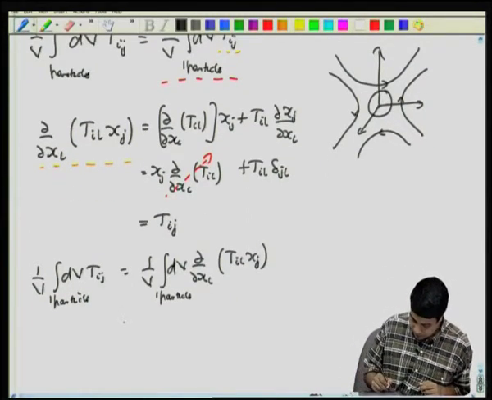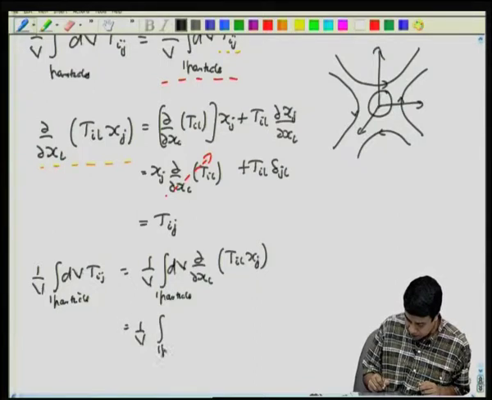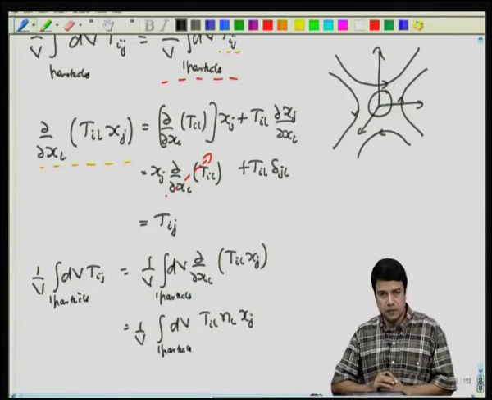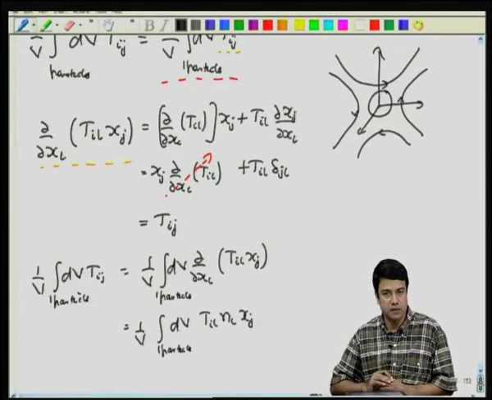So, this is equal to 1 over V integral over 1 particle dS T_iL n_L times x_j, the unit normal, because I had a divergence with respect to the index L, therefore, I have to substitute the unit normal also with index L. So, this is an integral over 1 particle of the stress, unit normal, times the position vector integrated over that particle.